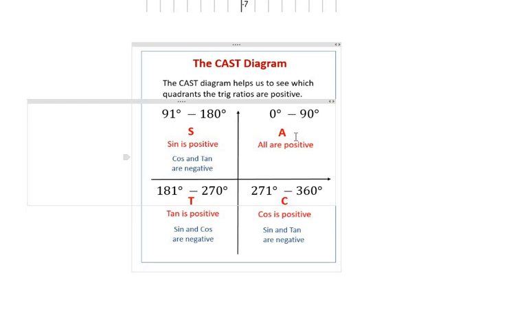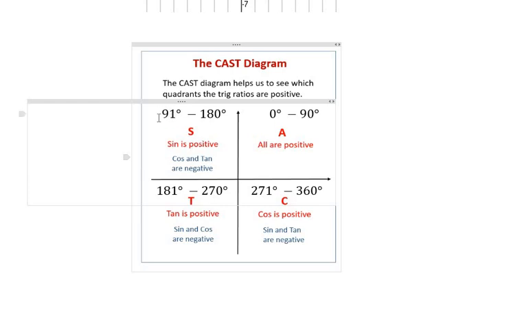That is what I mean. Now you can punch your calculator or check your 4-figure table. You will see that any angle you pick from 0 to 90, be it sine, cos or tan, it's going to give you what? Positive result.